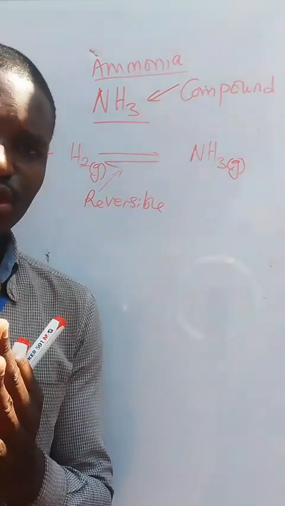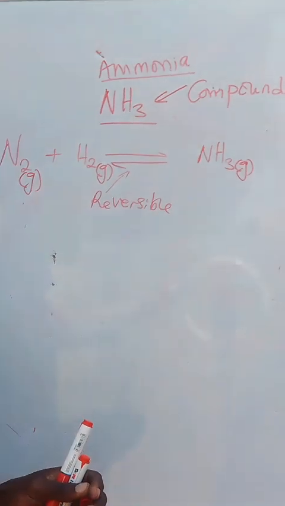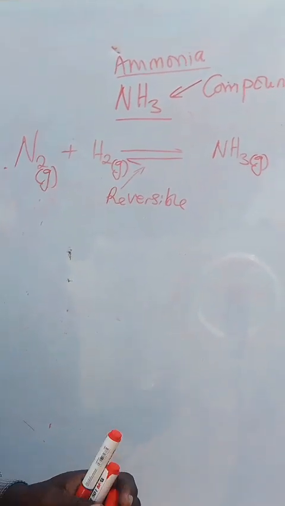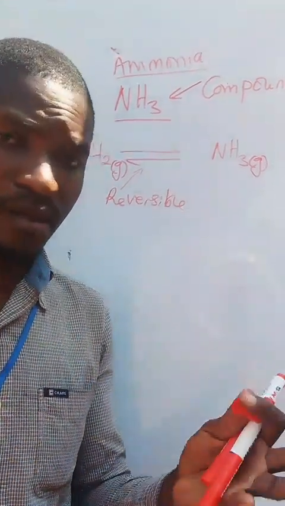Now, each time you come up with a reaction, you also have to ensure that it is balanced. And this is what I tell my students, because even if you have not been told to balance it, at least do yourself justice by balancing this equation.